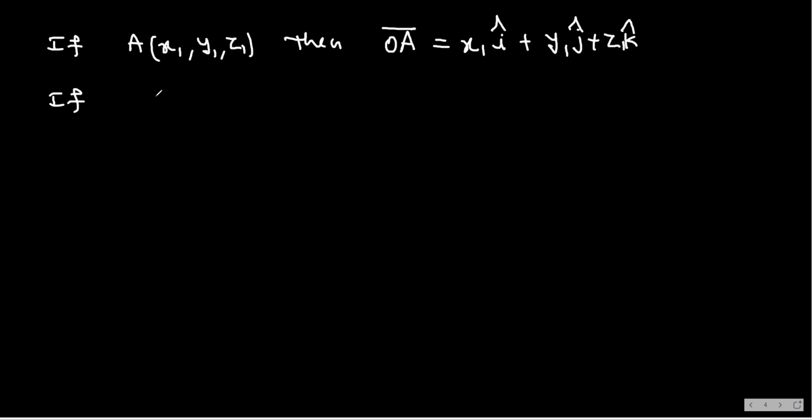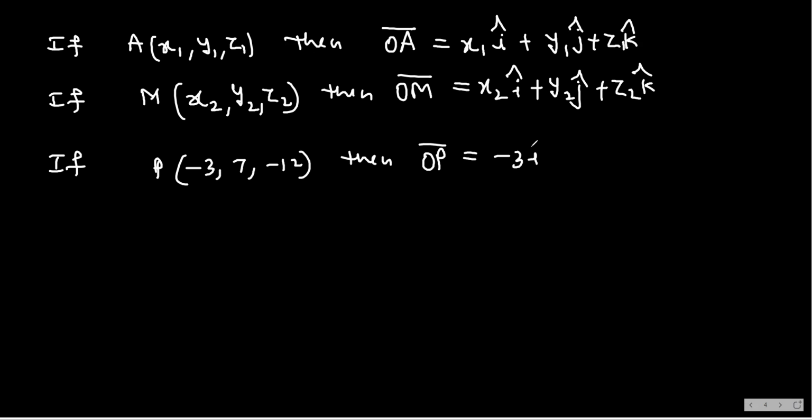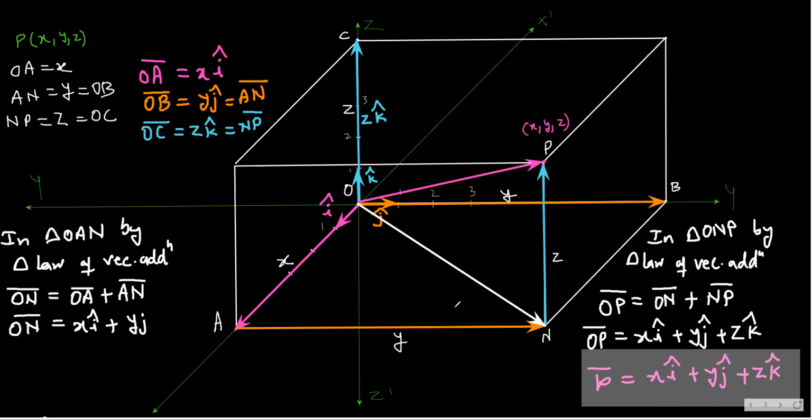If M is (x2, y2, z2), then OM bar, the position vector of point M with respect to O, will be x2 i cap plus y2 j cap plus z2 k cap. You got this? If P is (-3, 7, -12), then OP bar is -3 i cap plus 7 j cap minus 12 k cap. Okay, I hope you followed this.